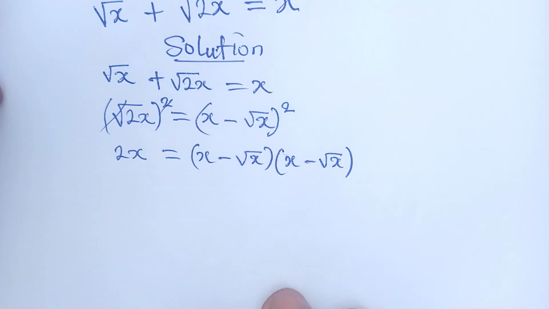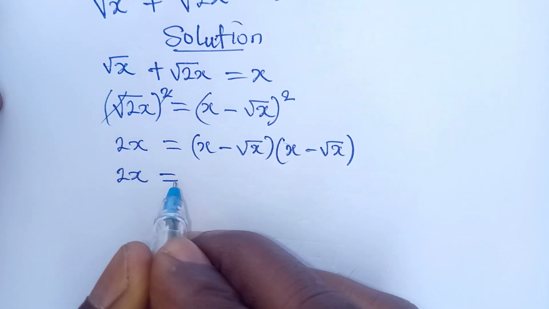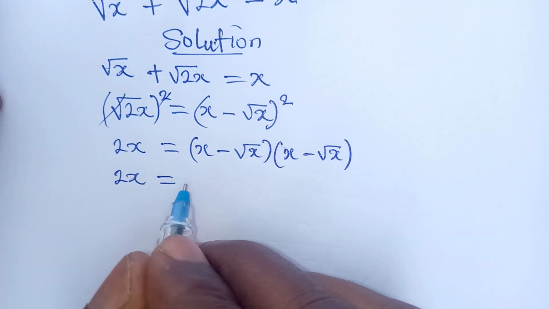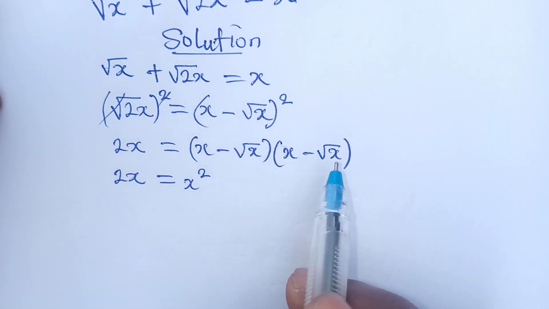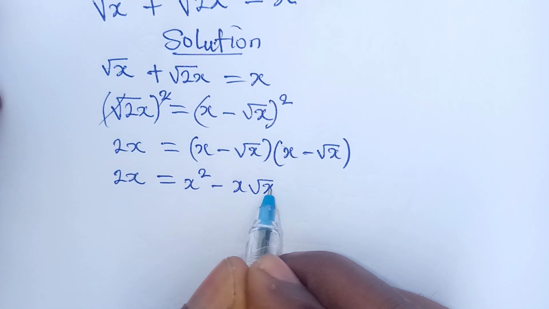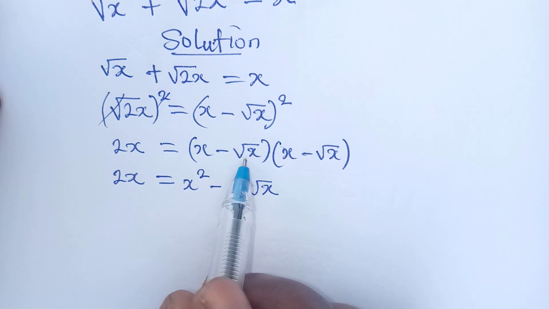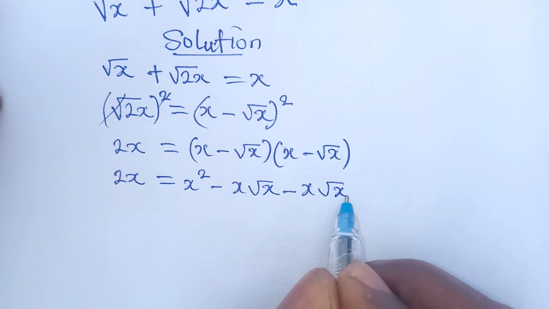Now let us multiply this so that we can have 2x to be equal to x times x is x squared. Then we have x times minus x will give minus x root x. Then minus root x times x will give another minus x root x.